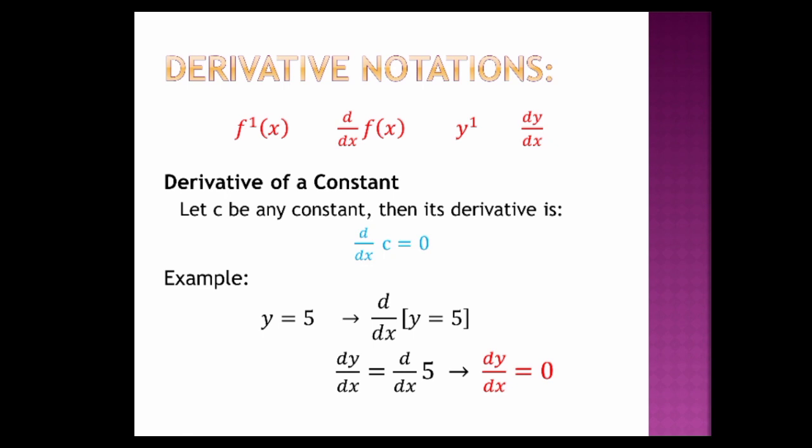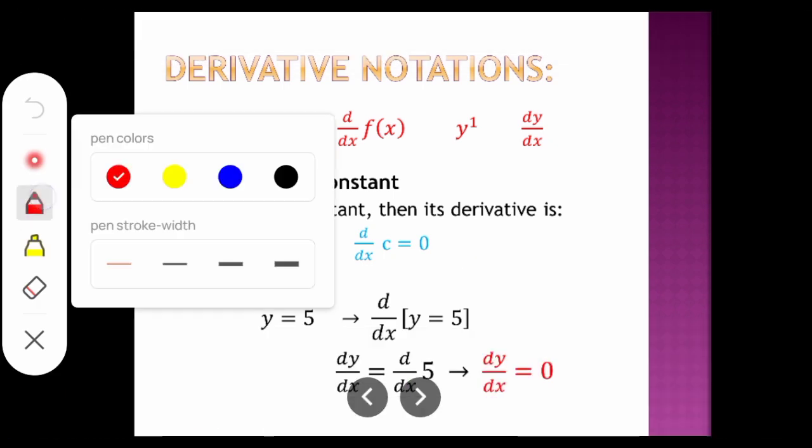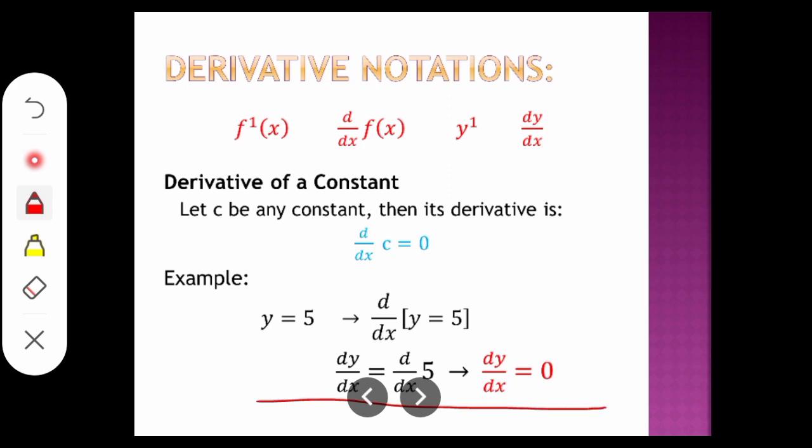Our 5 is a constant value, so its derivative is 0. So dy over dx equals d with respect to x of 5, which is our constant, so the answer is 0.